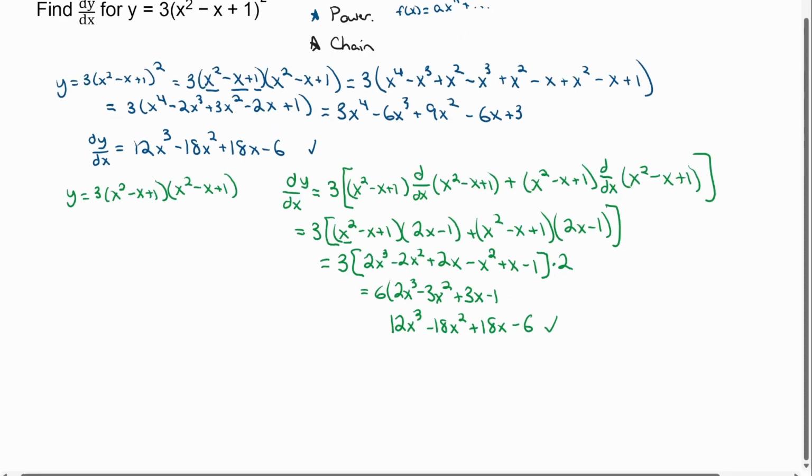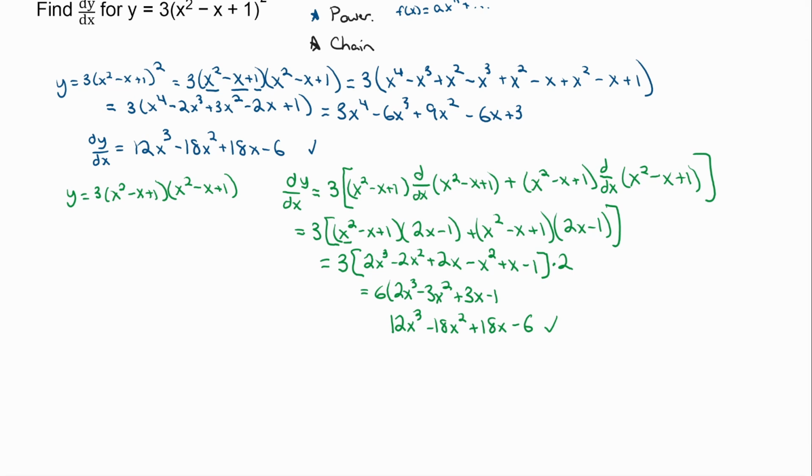The chain rule is going to be very easy in terms of how we actually find this derivative, but really chain rule just needs to be in the form of some sort of function of g of x. This looks complicated, but the most common form that you'll see is this exact form for this function of y exactly. 3 times the quantity to the power. So this looks like the product rule if x squared minus x plus 1 was actually the function of x inside of that polynomial.